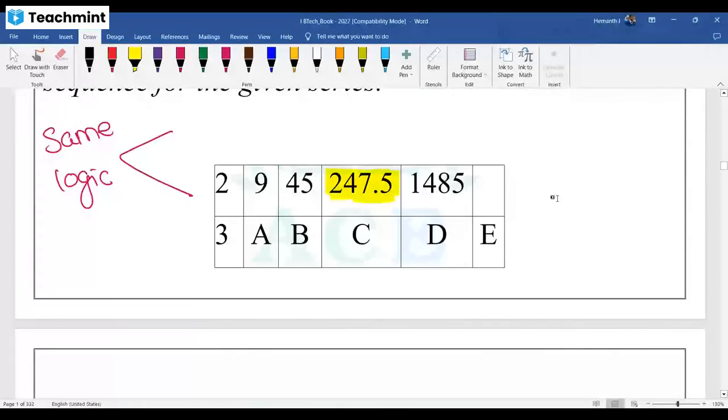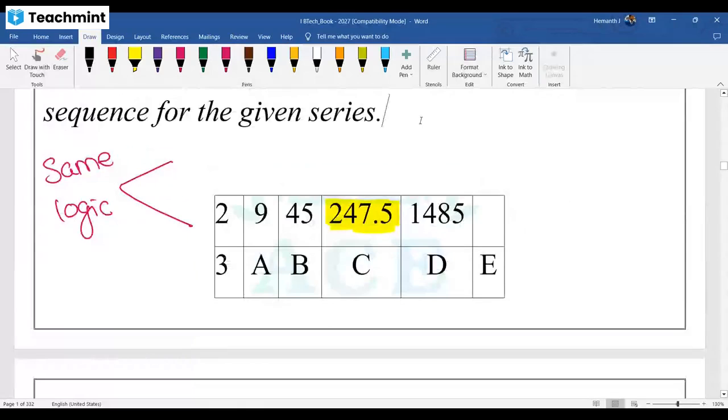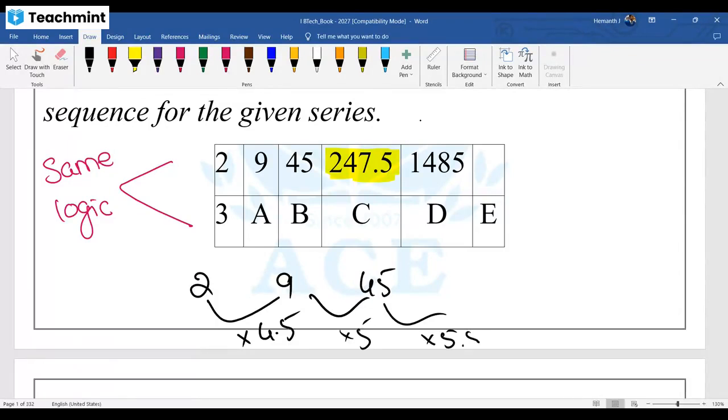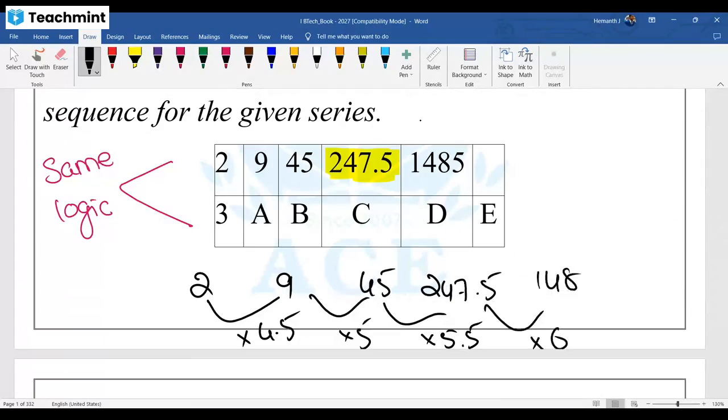As the numbers are increasing, we can take multiply by 2, and 9 is multiplied by 4.5, then 45 is multiplied by 5, then 5.5, 6, like this. If I want E, I need to extend the logic, so it is multiplied by 6.5. We have to prolong it. Okay, 1485, and if you want to continue, the next one will be multiplied by 6.5 like that.